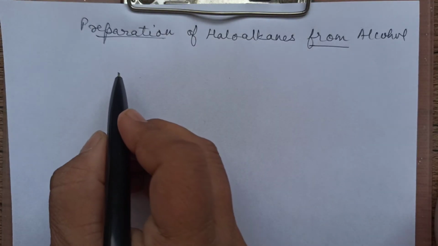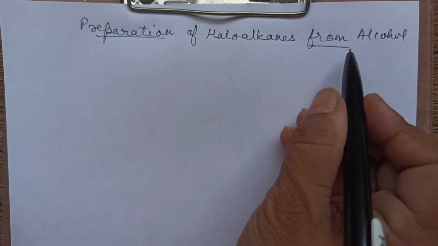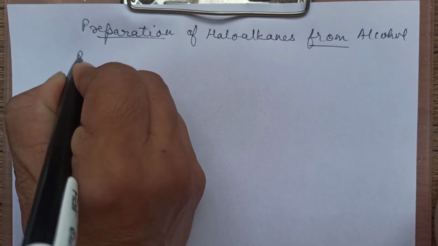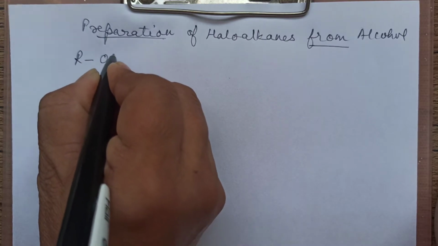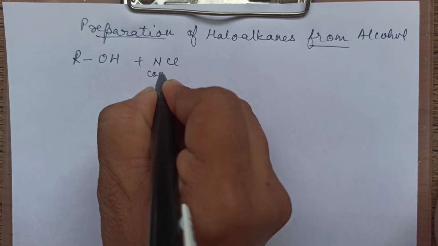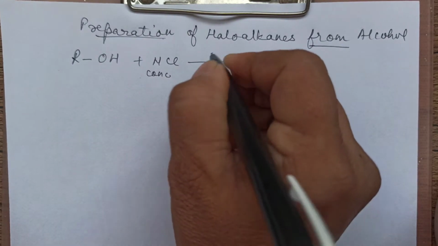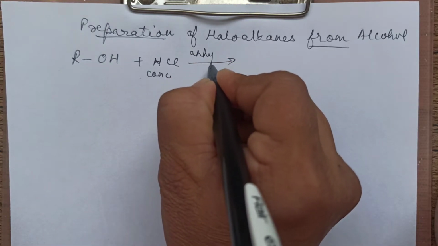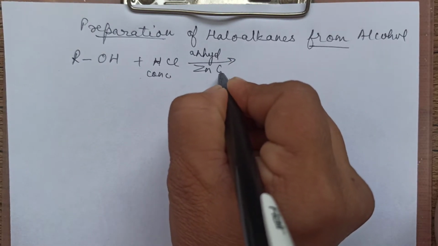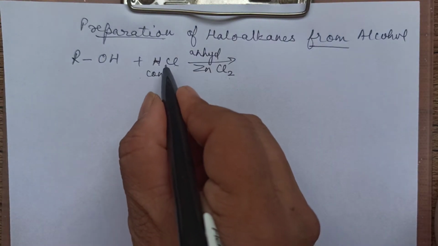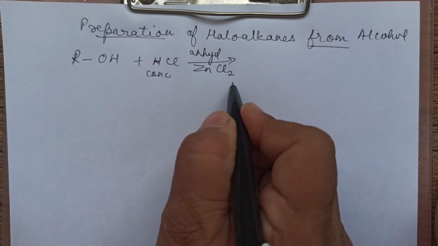Now we are starting with the preparation of haloalkanes. The first preparation which we are discussing is from alcohol. So what is the basic reaction that is occurring here? Alcohol is reacting with concentrated HCl in the presence of anhydrous zinc chloride.